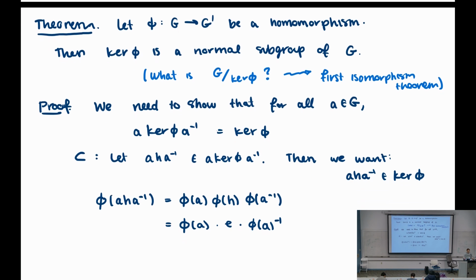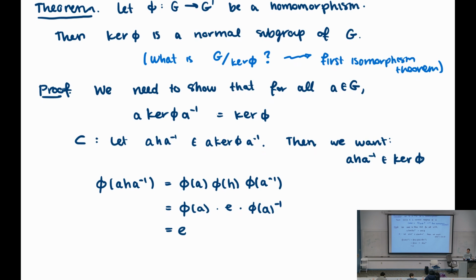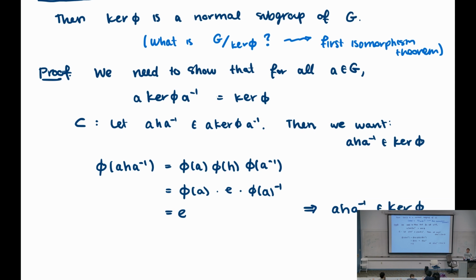And then multiplying all of this out, we get the identity. Okay, so all of this implies that A H A inverse is an element of the kernel of phi. And that proves that one containment. Okay, are there questions so far before we do the other containment?